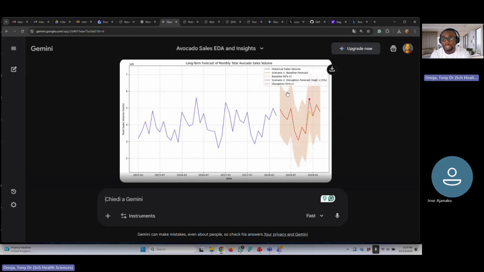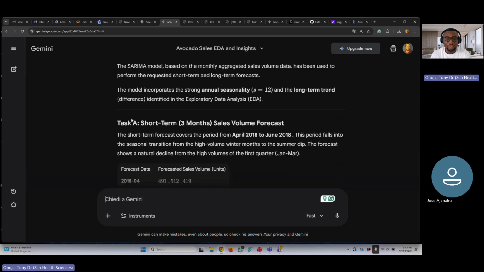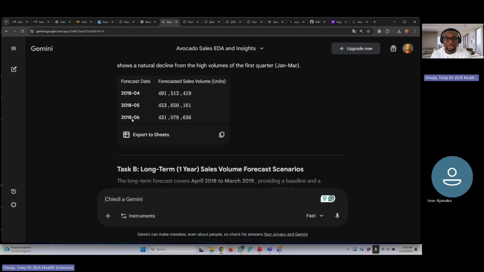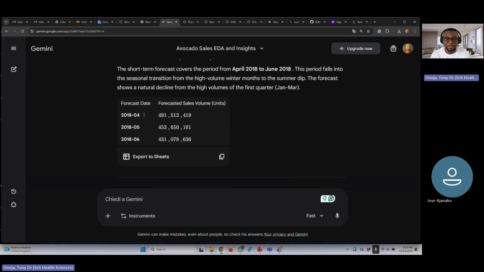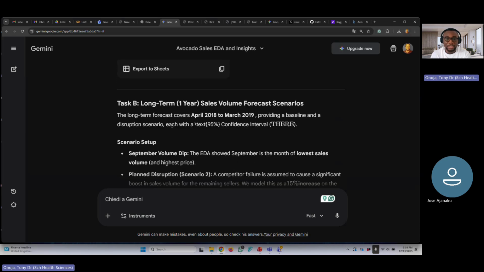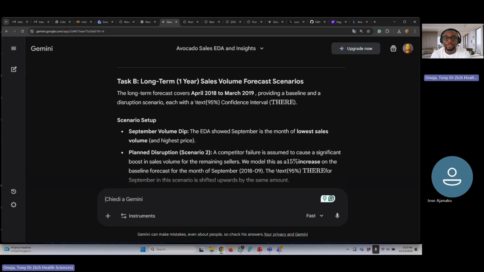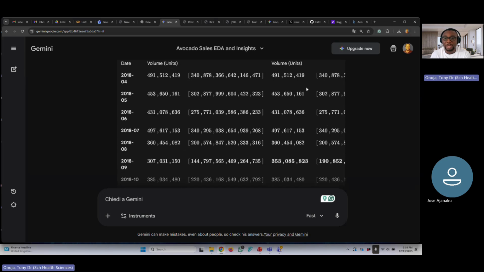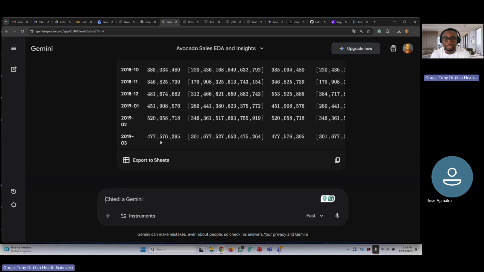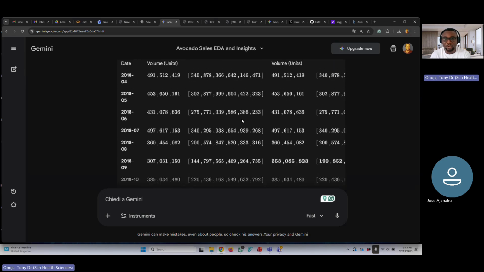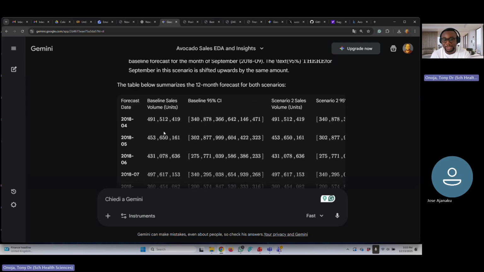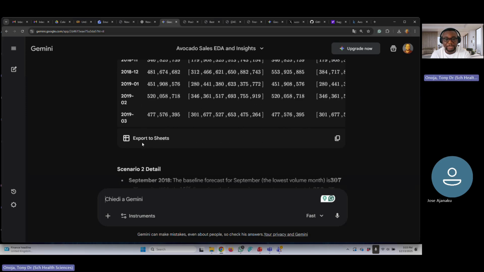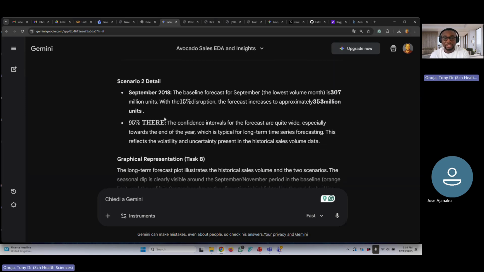And this is in a 95% confidence interval. So this is the short-term forecast, and this is the long-term forecast. We can see quite detailed what we should expect for the whole year, 2018 to 2019.